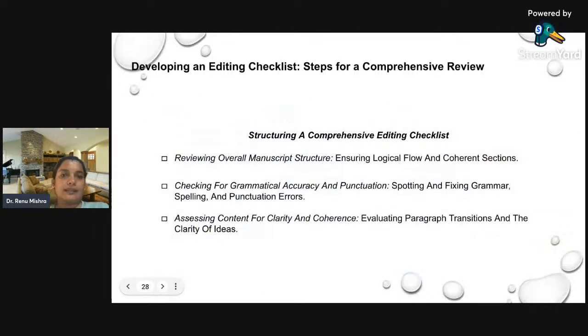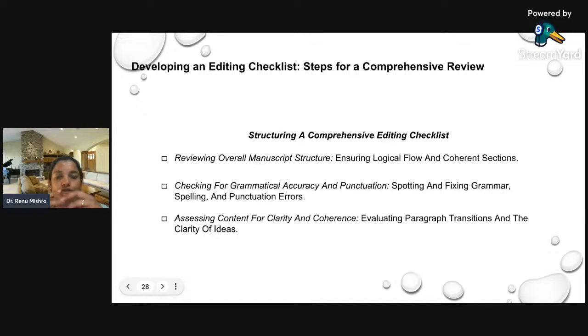Now, how to develop a comprehensive review, how to develop an editing checklist. In order to develop an editing checklist, you need to structure a comprehensive one.